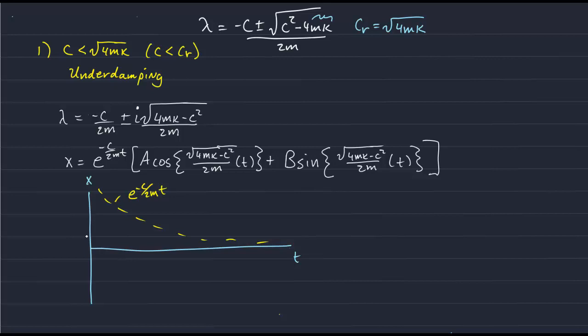And again, we're starting off with an initial velocity and an initial slope, x naught prime, and an initial displacement, x naught.